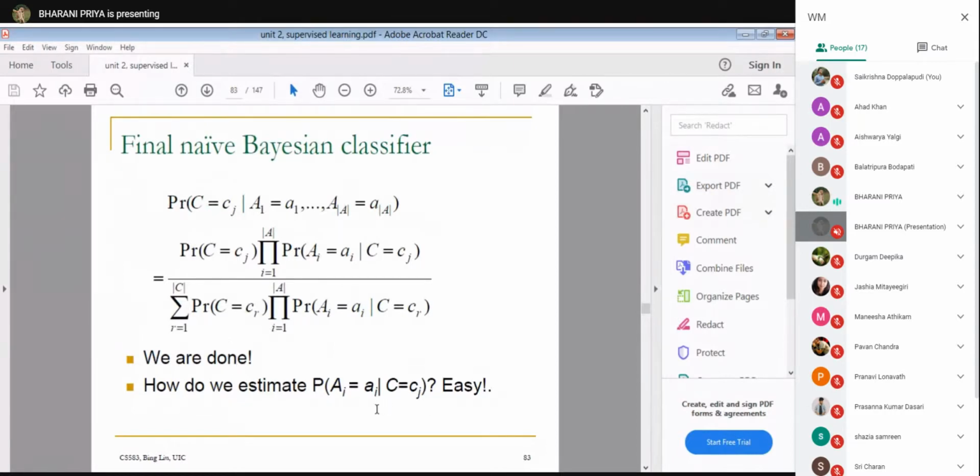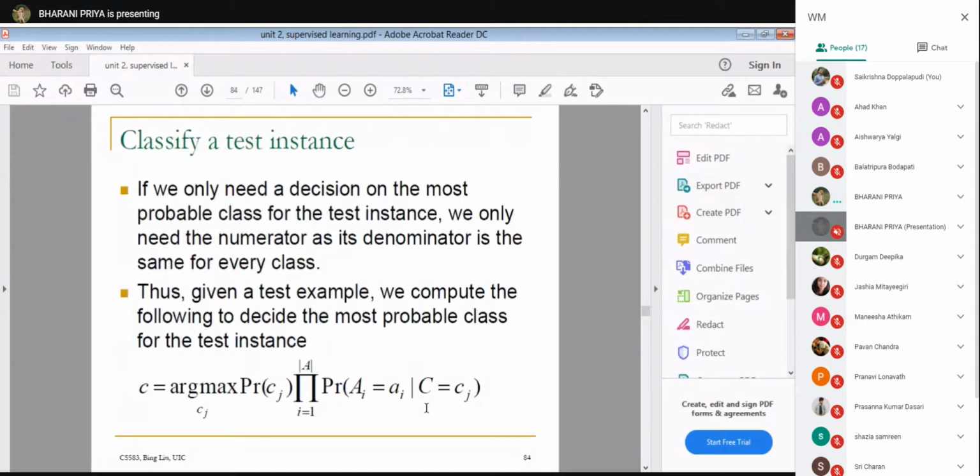Now we can estimate the values. Once the test example is given, the class with the maximum probability value is considered as the class value for the test example.